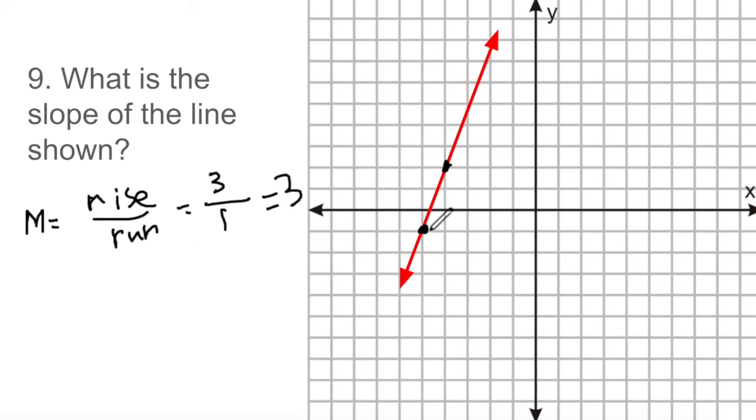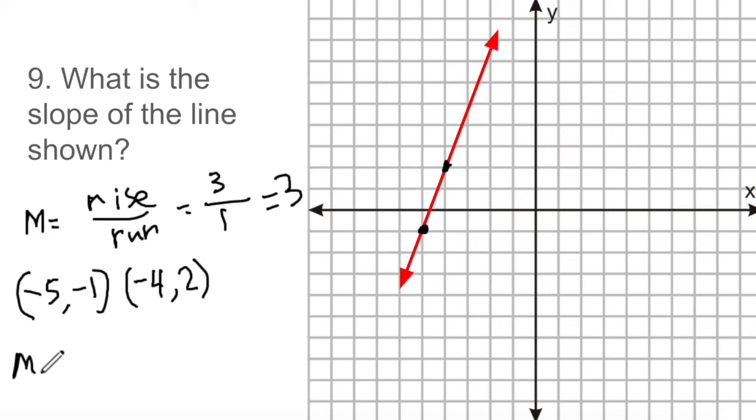We could also identify the coordinates for those points, which is negative 1, 2, 3, 4, 5, so (negative 5, negative 1). That's 1 point. And then the other point is, let's see, (negative 4, positive 2). And then we can apply the same equation that we used before.